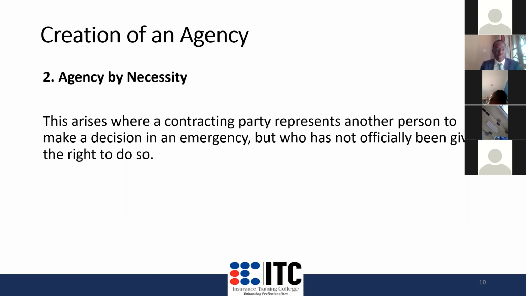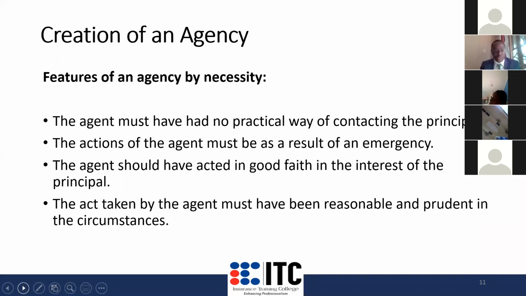So in that kind of scenario, you have no way to communicate to the agent, I mean to your principal. Yes, at that very moment, it is an emergency that if you take time to fix your car, the tomatoes will actually start to rot and the principal is going to lose out.